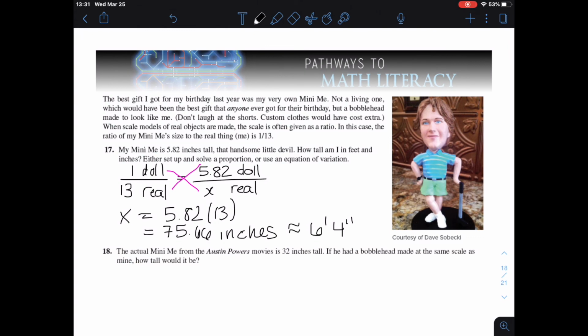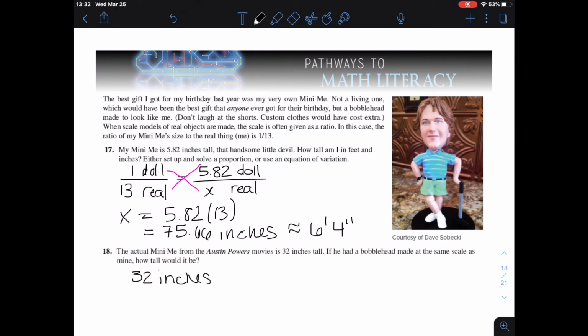Now we'll do the same type of thing. We're told the mini-me from the Austin Powers movie is 32 inches tall. If he had a bobblehead made at the same scale as ours was, we want to figure out what his height would be. So this is his actual height, 32 inches is how tall he is.